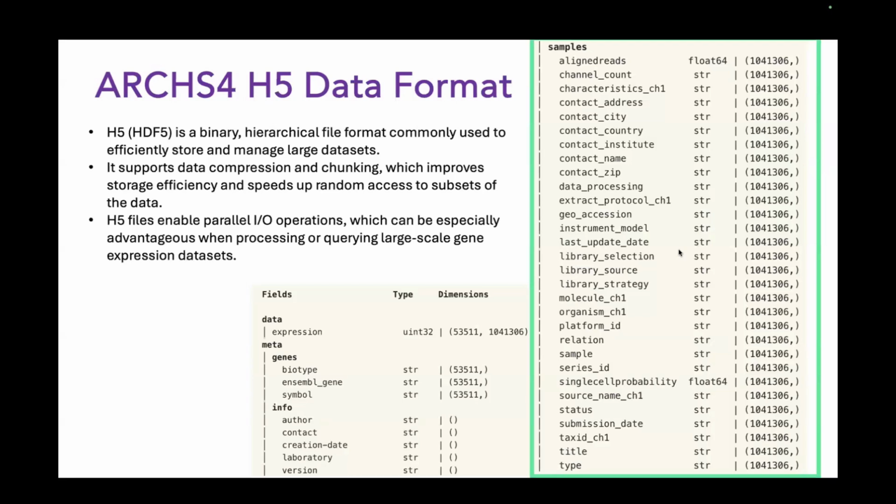So if you want to filter out single cell and only want bulk data, you can use this field to do that. We also add the aligned reads, so you can see how many reads were actually aligned for that sample, which is the sum of all the counts from that sample.